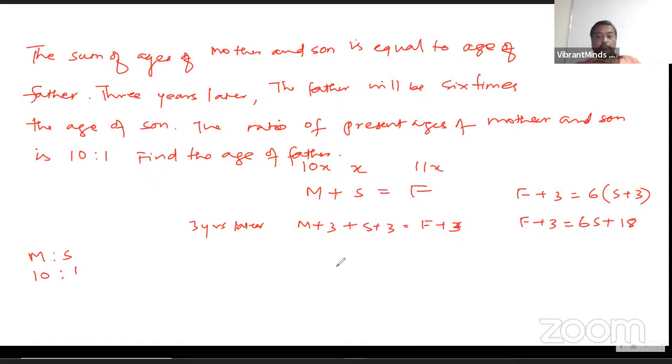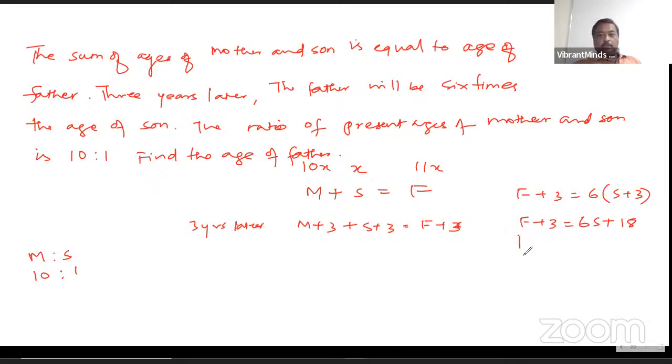Let's solve. Mother plus 3, father plus 3.